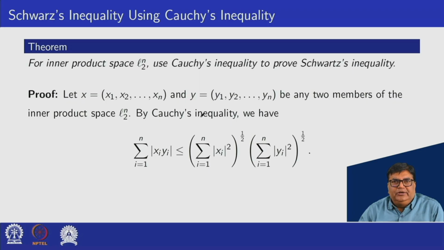So by Cauchy's inequality we have, summation i = 1 to n of |xi yi| is less than or equal to (summation i = 1 to n |xi|^2) to the power 1/2 into (summation i = 1 to n |yi|^2) to the power 1/2. Okay, this is the Cauchy's inequality. What is Cauchy's inequality? This is the Hölder's inequality for p = 2.